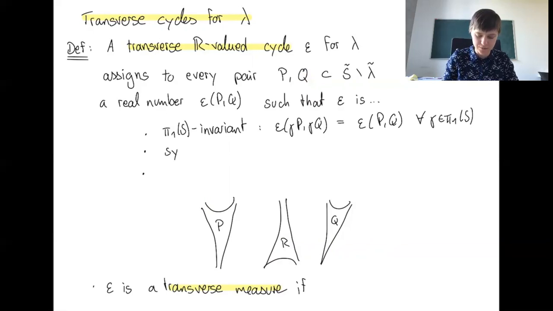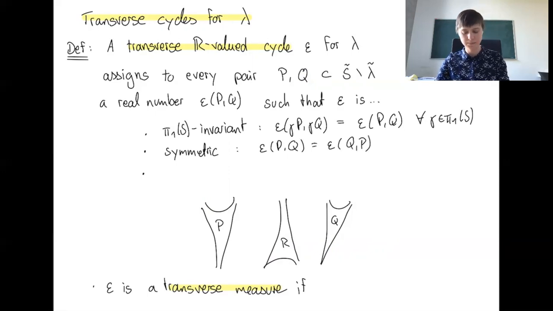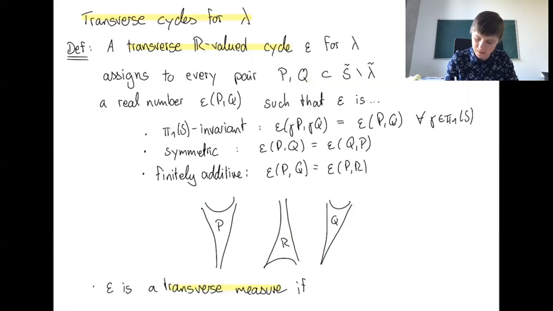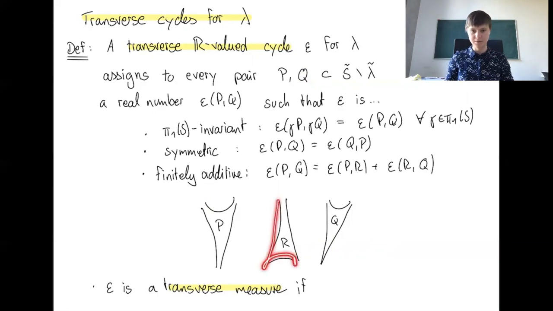I want it to be further symmetric. So that's just ε(P, Q) is the same as ε(Q, P). And lastly, I want it to be finitely additive in the sense that ε(P, Q) is the same as ε(P, R) plus ε(R, Q) whenever QR is the connected component that lies between P and Q, just as in this picture.